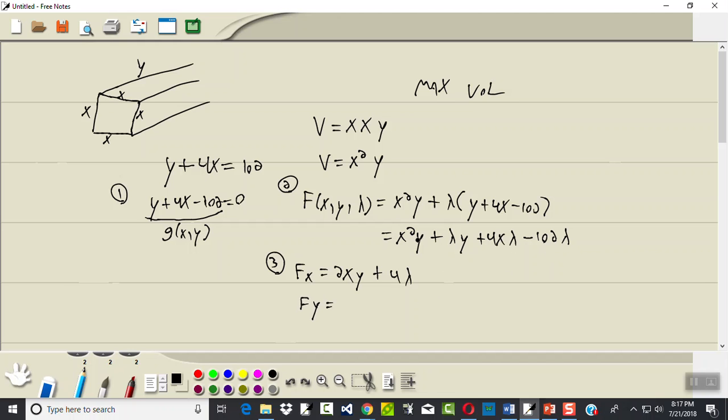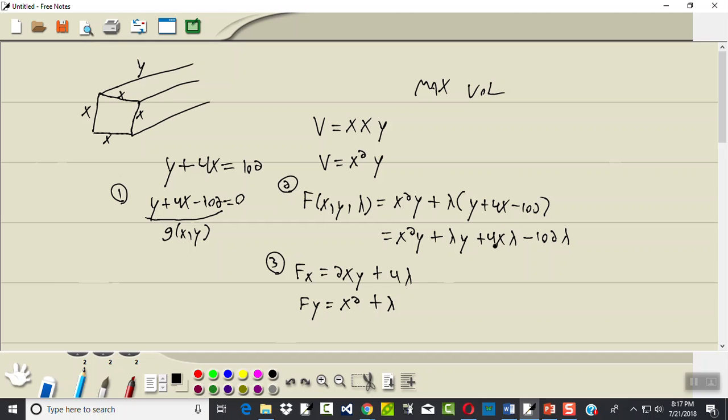The partial with respect to y. X squared would be a constant, so the derivative of y is 1. 1 times x squared is x squared. The lambda is our constant, so the same as if you had 5y, the derivative of 5y is 5, the derivative of lambda y is lambda. Okay, we're taking a partial with respect to y.